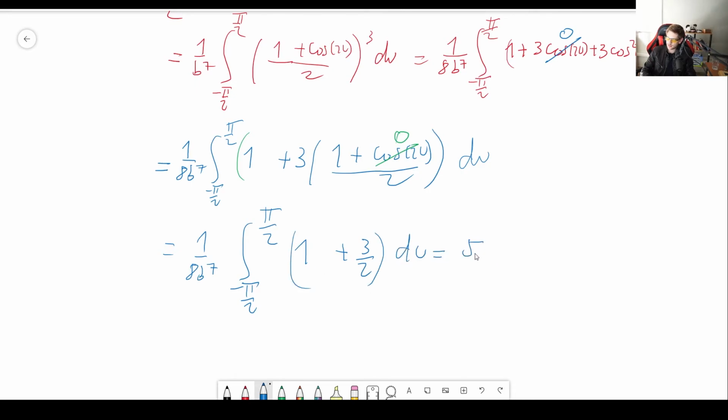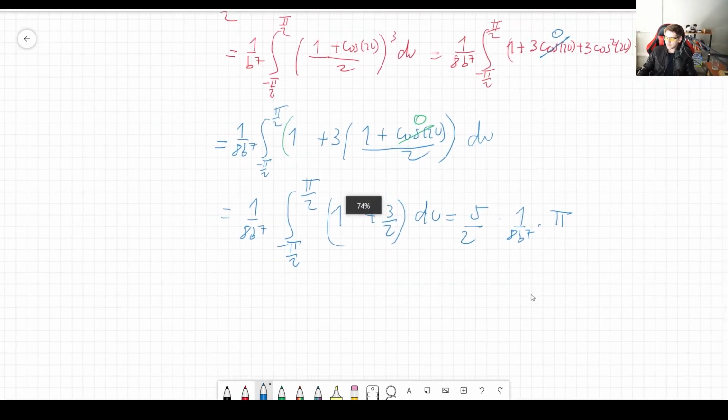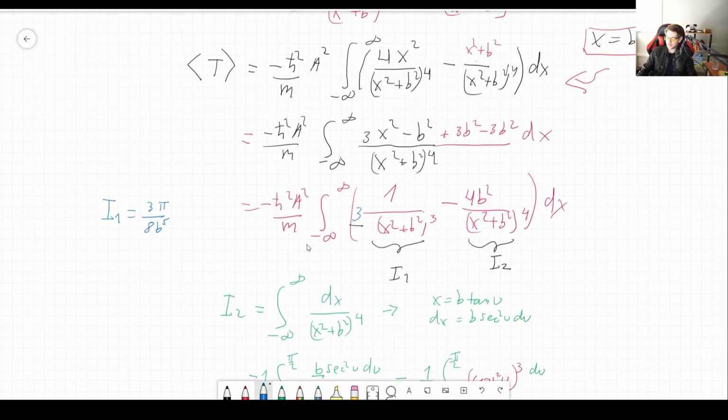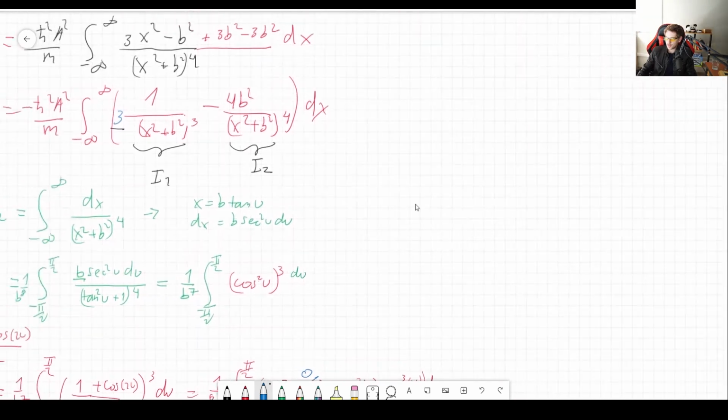So we get 1 over 8 b to the 7th times 5 halves times pi, which comes from integrating just 1. We have done that a few times already. Okay, so basically this is 5 pi over 16 b to the 7th. So let's now plug it in right here.